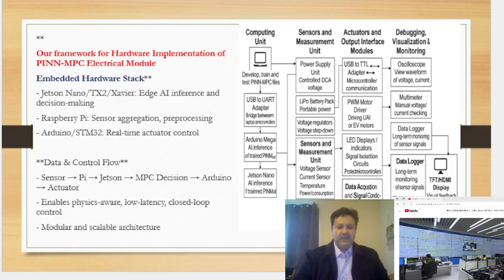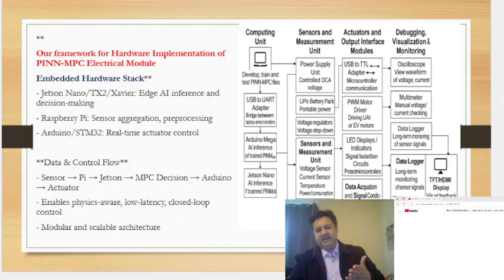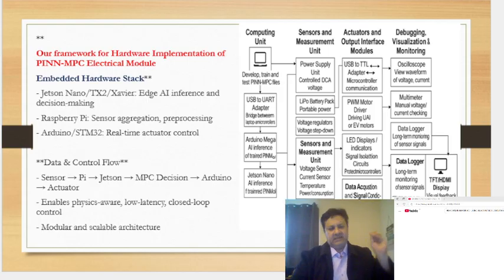Okay, now when we talk about the real architecture, as I said, the computing unit is here, the sensor measurement unit, the actuator output interface, and debugging, as I briefly explained. Now, when we talk about the embedded hardware stack, you don't have to be confused by the model or type or specification. In the next few slides, I will tell you the purpose and function of these components.